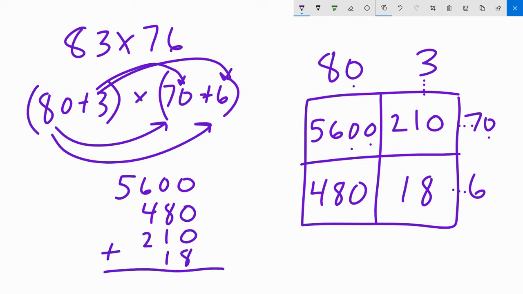And when I add those together, I get an 8 down here. 8 and 2 makes 10. 6 and 4 makes 10. 2 more makes 12. Then we have 13. And then 6. 6,308. So if you like the distributive property, you can do that. If you like the area model, you can do that.